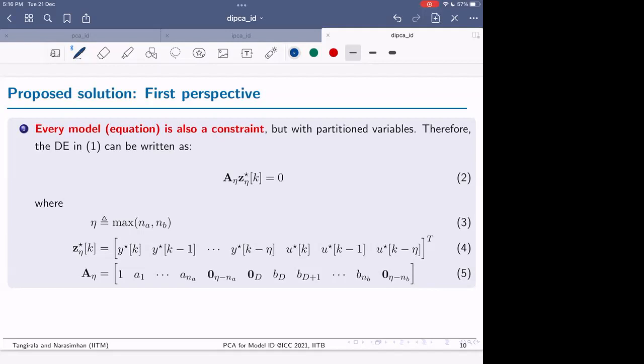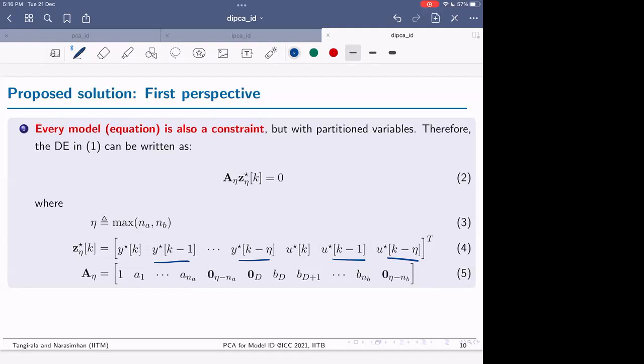So we will ignore those labels on the variables, as we did in yesterday's and today's talk, and club all the inputs and the outputs. And now, since we are looking at a dynamical system, we have to include past outputs and past inputs, because the model itself says that there is a relation between all of those.